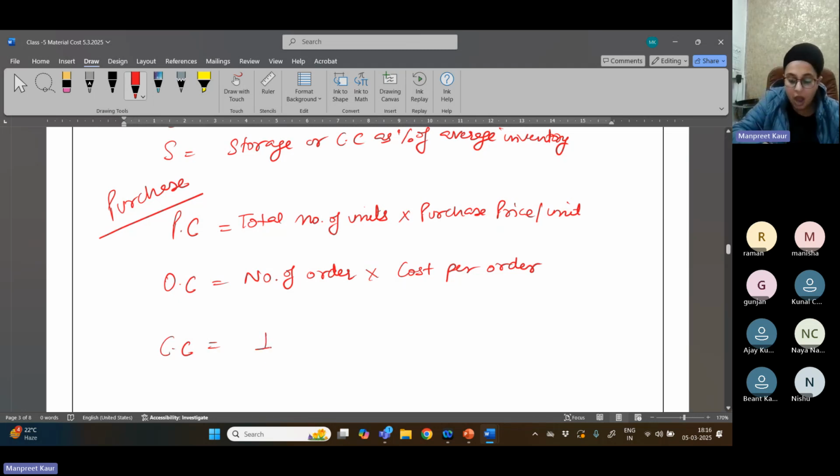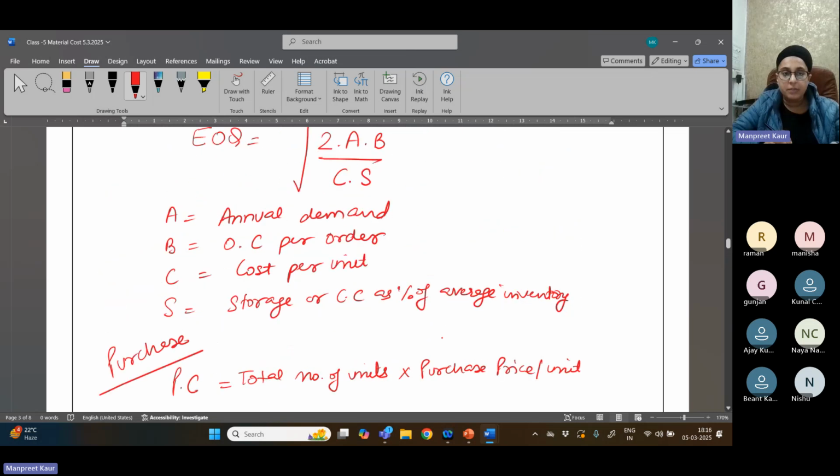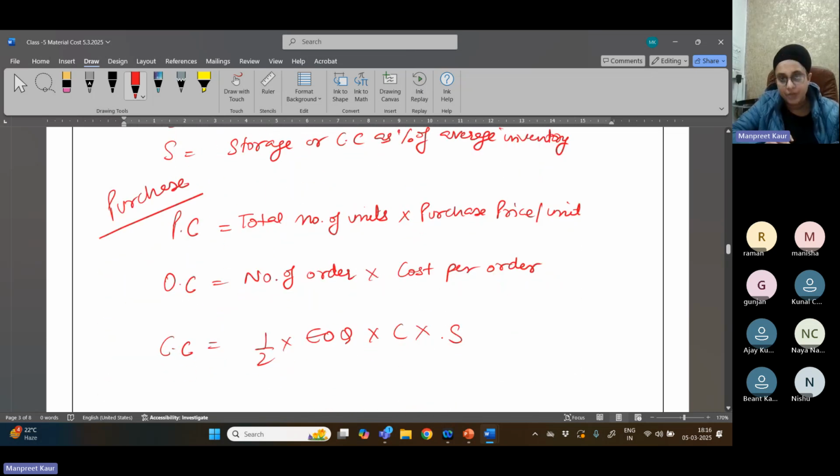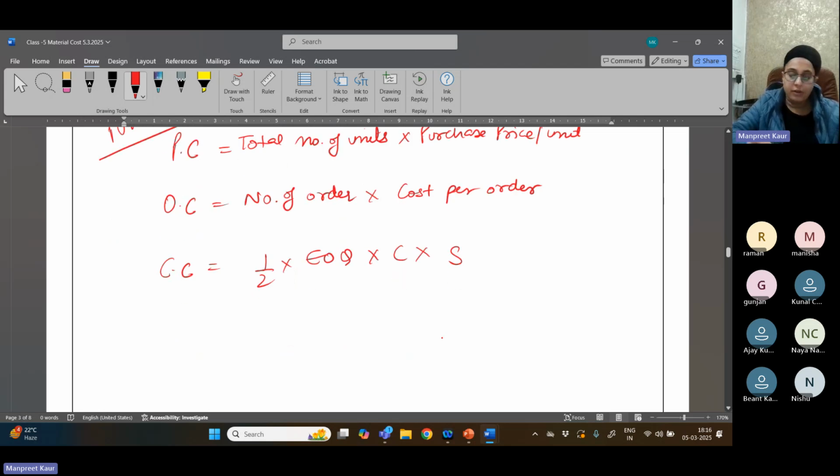Carrying cost is half EOQ multiplied by C multiplied by S. C multiplied by S means cost per unit multiplied by storage cost as percentage of average inventory.